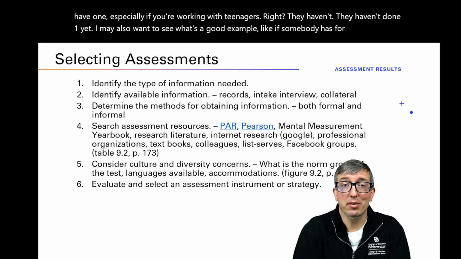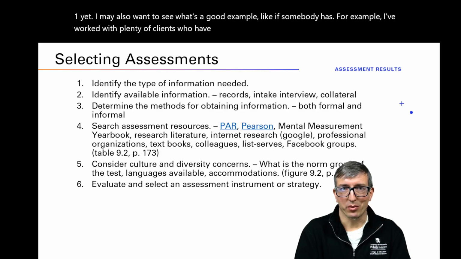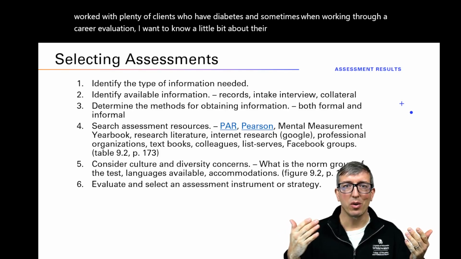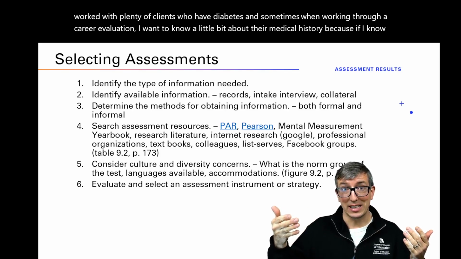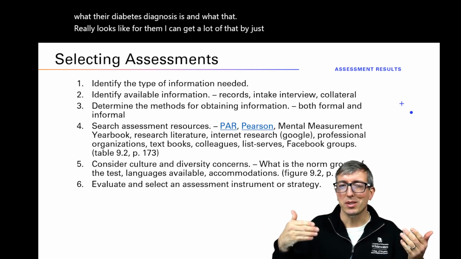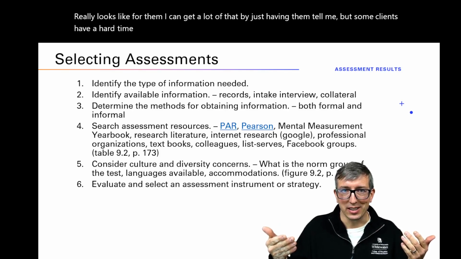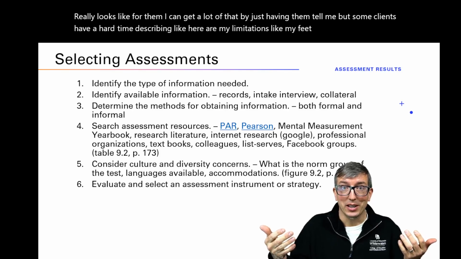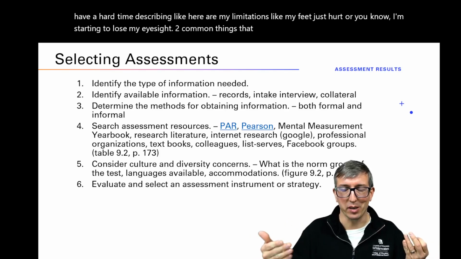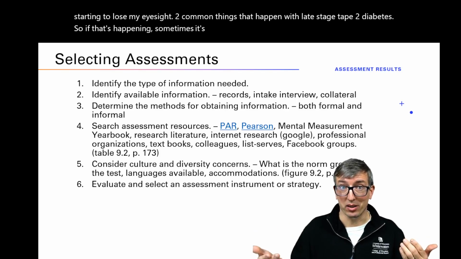I've worked with plenty of clients who have diabetes, and sometimes when working through a career evaluation, I want to know a little bit about their medical history because if I know what their diabetes diagnosis is and what that really looks like for them, I can get a lot of that by just having them tell me. But some clients have a hard time describing, like, here are my limitations, like my feet just hurt, or, I'm starting to lose my eyesight, two common things that happen with late stage type 2 diabetes. So if that's happening, sometimes it's helpful to get some of those medical records.